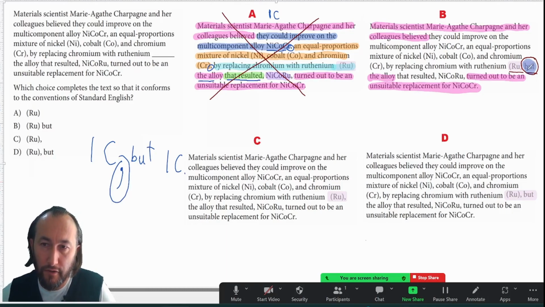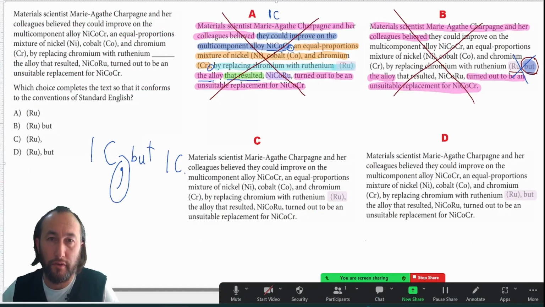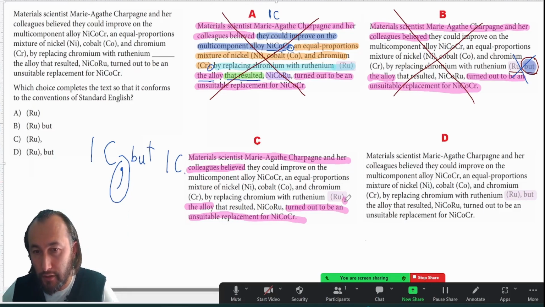But is good, but the comma is missing. So no, this is not good enough for us. So we're not going to accept this choice. And if you look at choice C, that's also not very good because, as I said, we got an independent clause, then the alloy turned out to be an unsuitable replacement, and there's a connection with a comma.